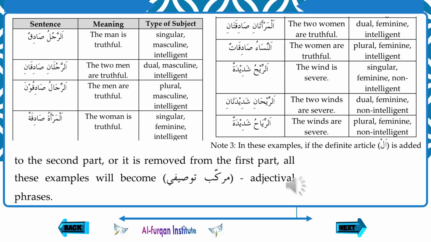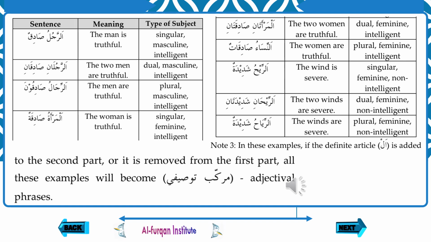Adding al to the predicate or removing it from the subject turns a sentence into a descriptive phrase, that is an adjectival phrase, murakkab tawsifi. In our table here we have ar-rajulu sadiqun, the man is truthful, which is singular, masculine, and an intelligent being.